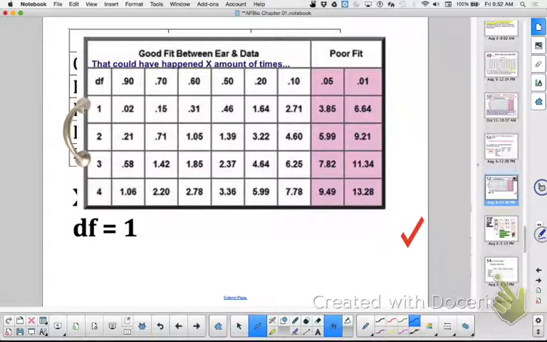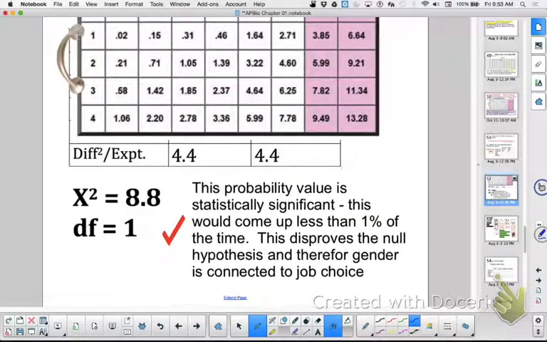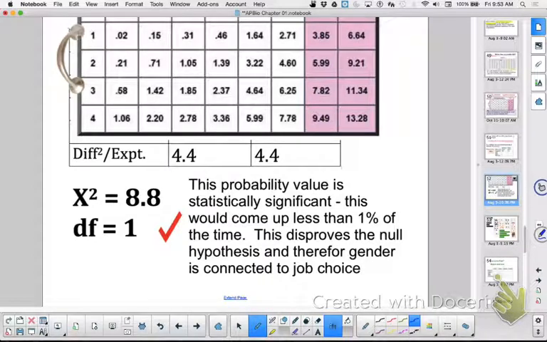So it's statistically significant. It would come up less than 1% of the time if we did this due to chance. Chance would see those kind of results if we randomly did this again and again, generation after generation.